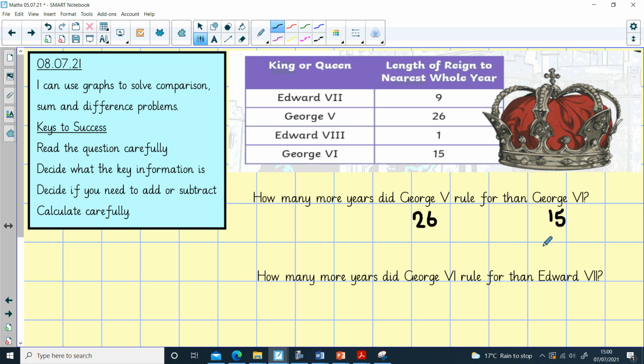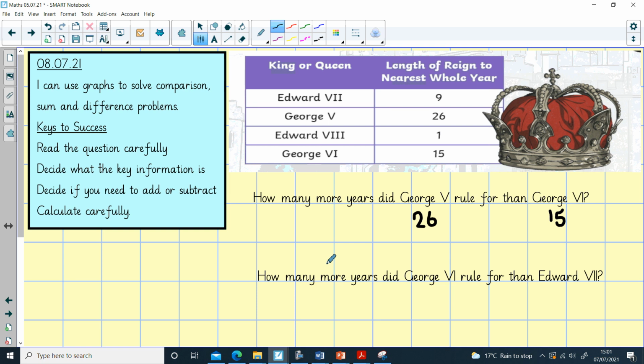So this is a finding the difference question. It's asking how many more. So I've got to find out the difference between 26 years and 15 years. To do that, I can either do 26 take away 15, or I can start with 15 and work out how many more to get to 26.